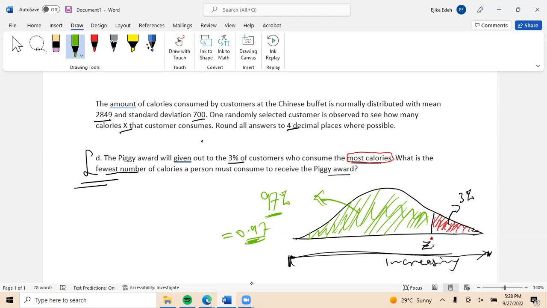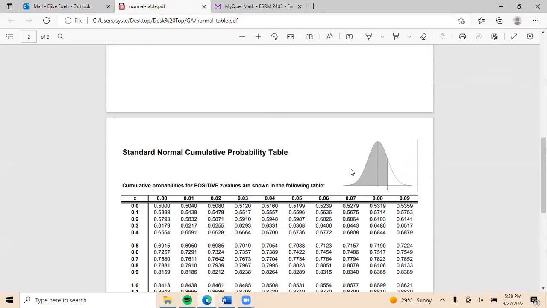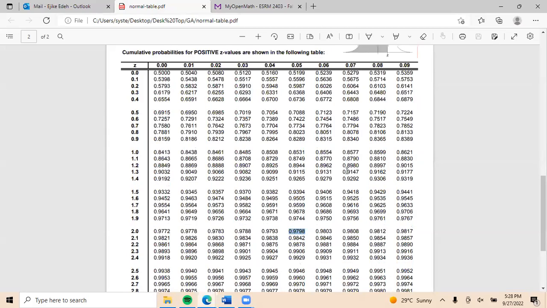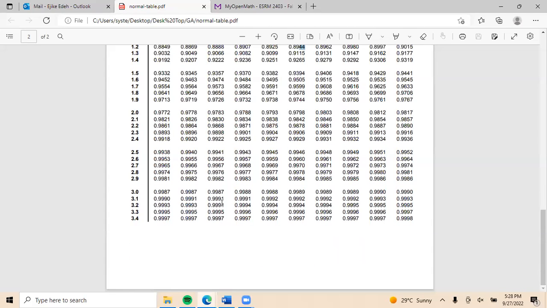So let's go to the table now. I think I should have one pulled up somewhere over here. So that is your table. I'm looking for the area 0.97, which is definitely positive. This is 97 over here, or 977 over there, but this is big, of course. I'm going to go down looking for a smaller value.